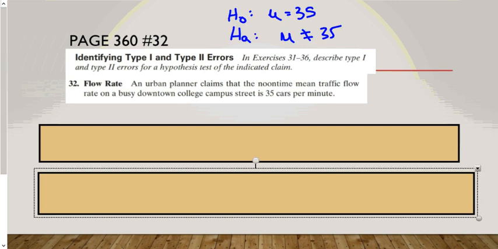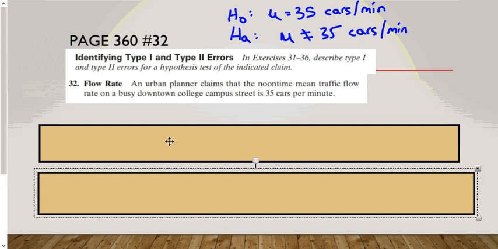So let's look at this. If that's the claim, then we're saying the mean is 35 cars per minute. So a type 1 error would be when you reject the null, but you shouldn't. In other words, you say, no, the mean is not 35 cars per minute, when in actuality, it really is.